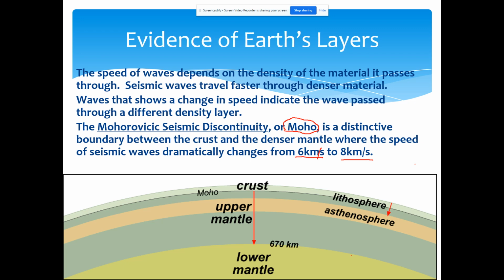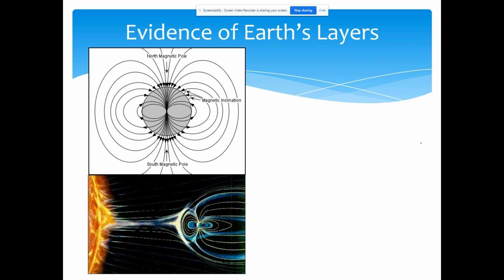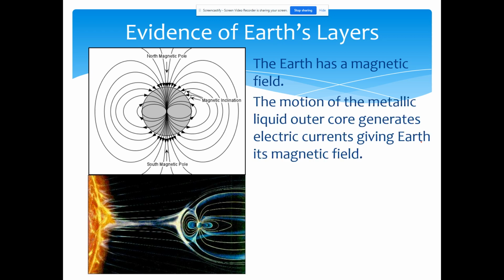Other evidence. Yes, scientists are always looking for things to corroborate the evidence that they already have. The other piece of evidence for a layer of liquid inside the Earth is the fact that Earth has a magnetic field. This is really, really interesting because when scientists studied magnetism, they found out that you can actually make a magnet with motion, the motion of metallic atoms.